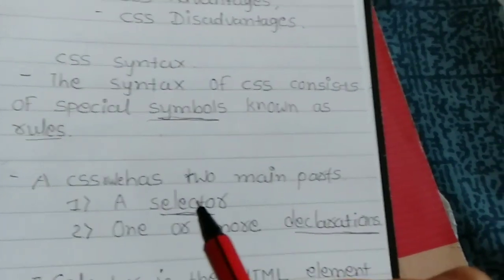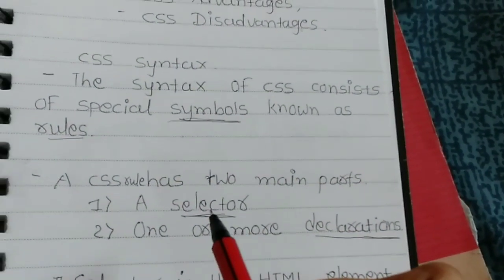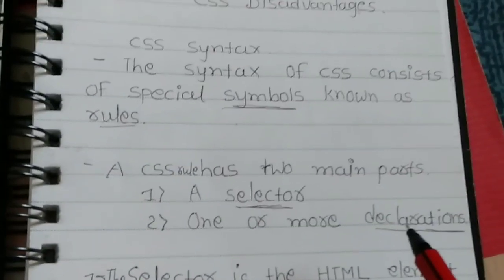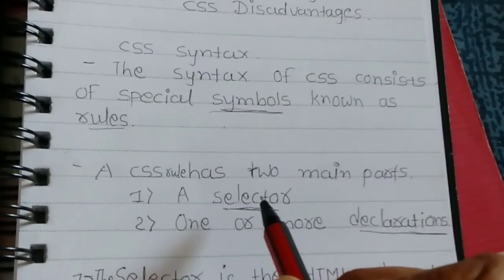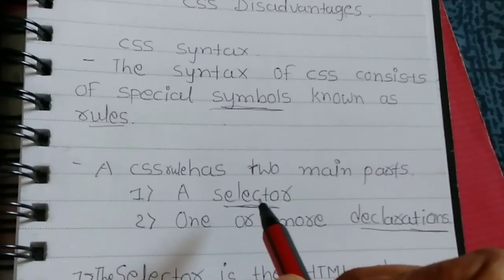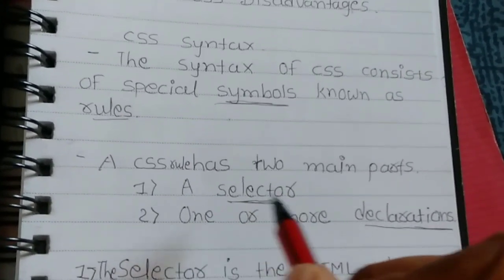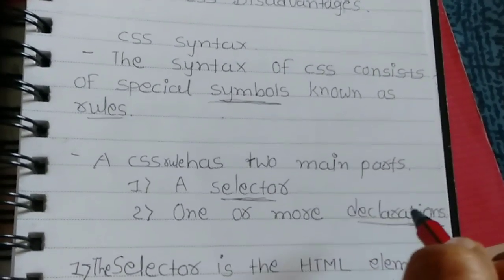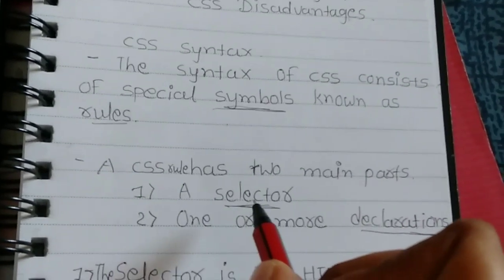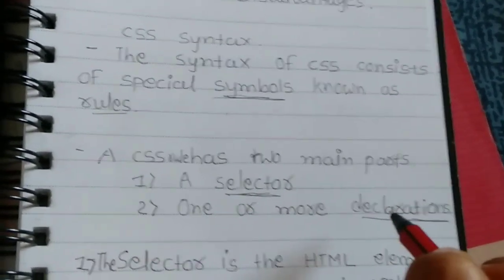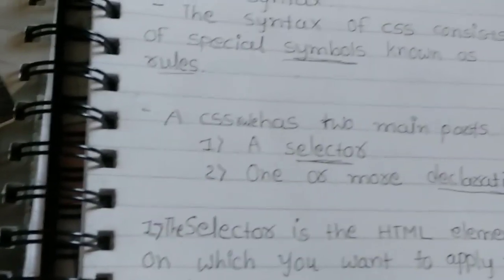First part is the selector and second part is the declaration. The word itself suggests its meaning: selector means you have to select, and declaration means you have to declare. First part is the selector part and second part is the declaration part.